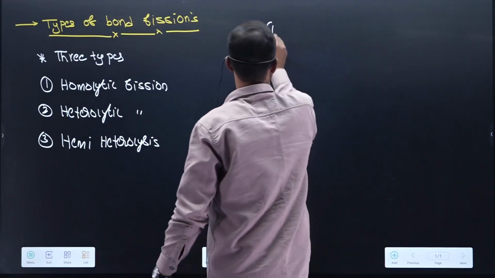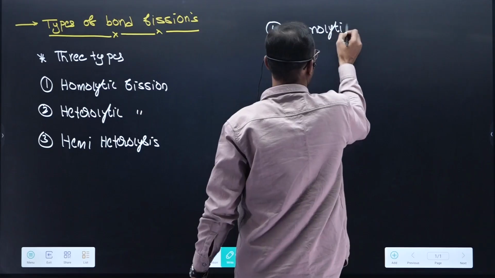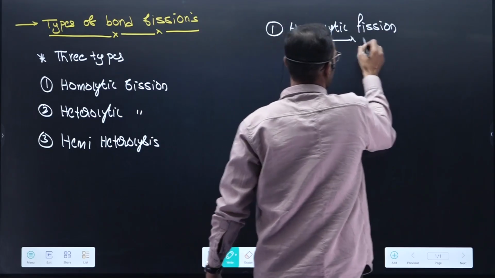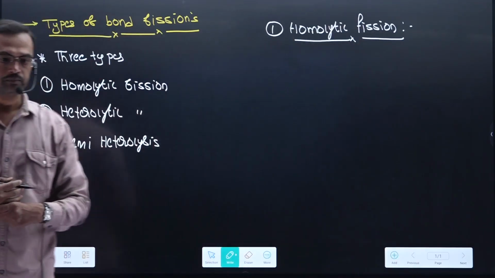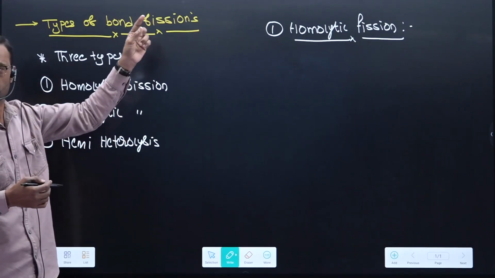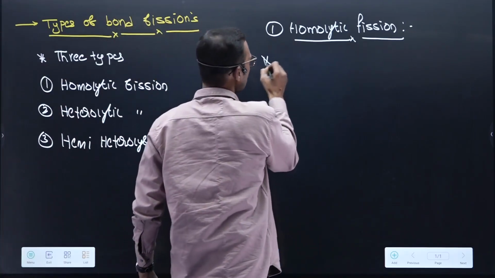So first we are going to discuss homolytic fission, also called homolysis. These fissions are most helpful. If you want to write any fragmentation mode clearly, this is very, very important. What is homolytic fission?